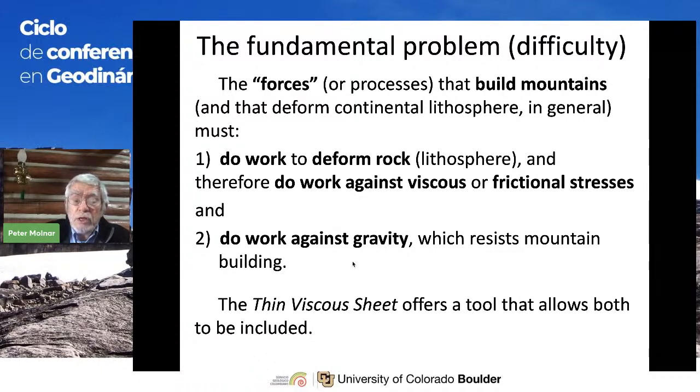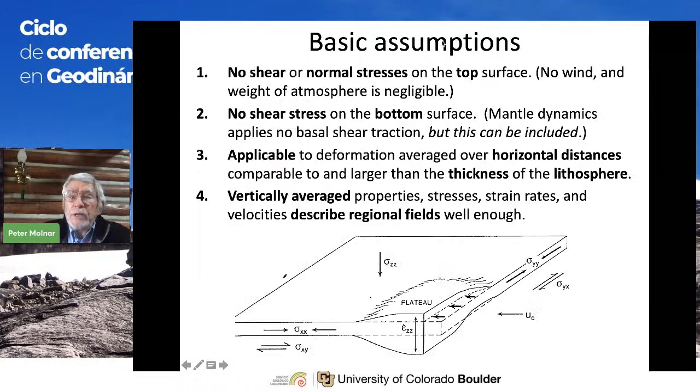So the thin viscous sheet and the equations that go with this offer a tool that allows both of these to be included, both resistance from viscous or frictional processes and gravity itself. The basic assumptions are there are no normal or shear stresses on the top surface, so the wind doesn't contribute to anything and the weight of the atmosphere is negligible.